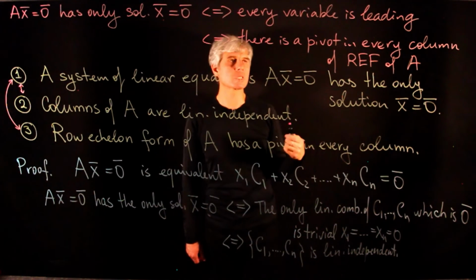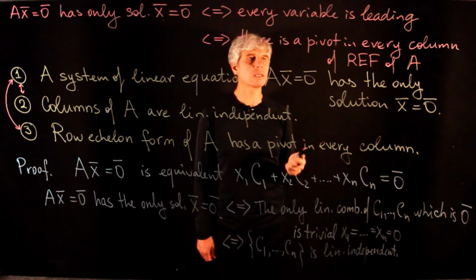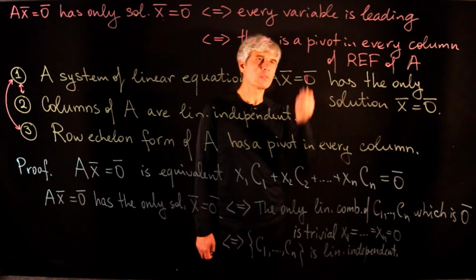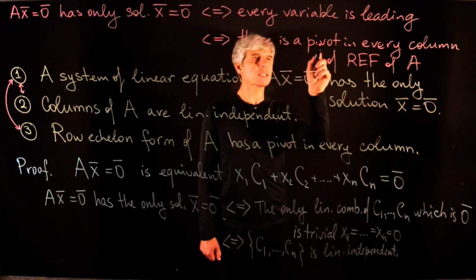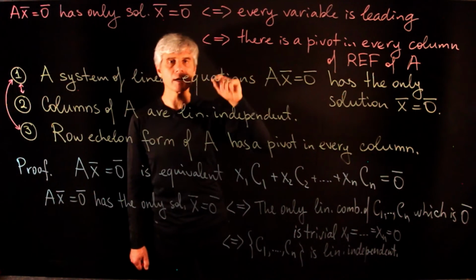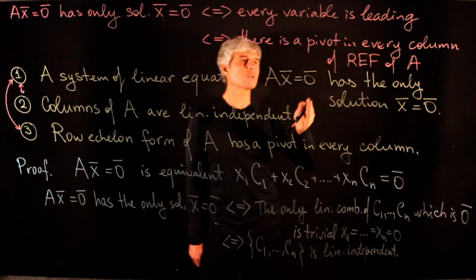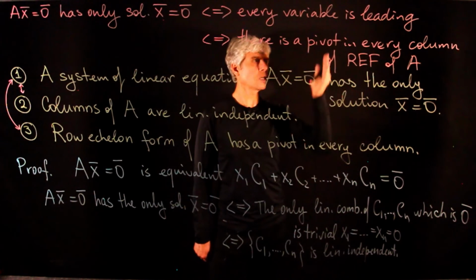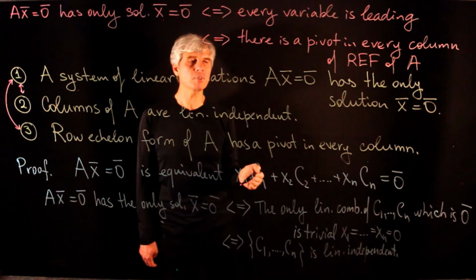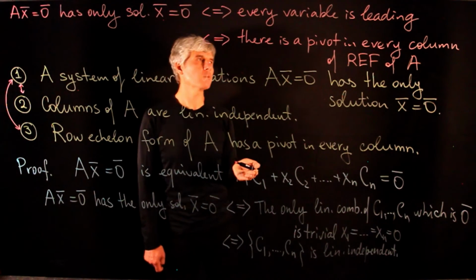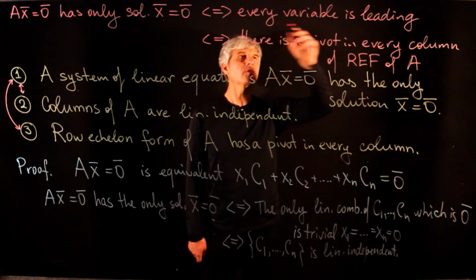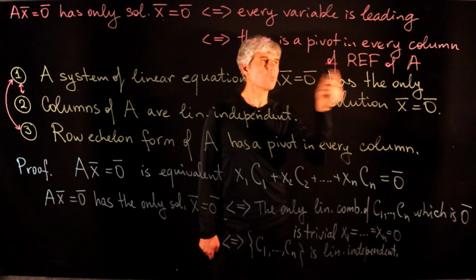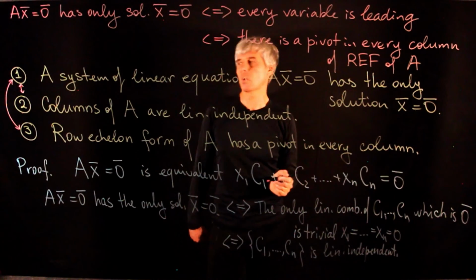Leading variables are those variables where the corresponding column has a pivot, right? Remember that we have a correspondence between columns of a matrix and the variables. So if a column has a pivot, then the corresponding variable is a leading variable. And so in order to have all variables be leading, we must have a pivot in every column.